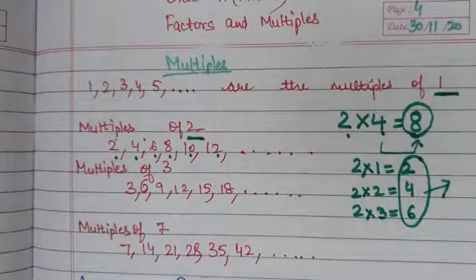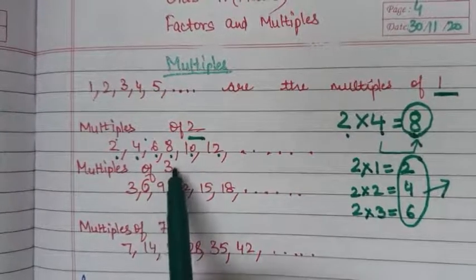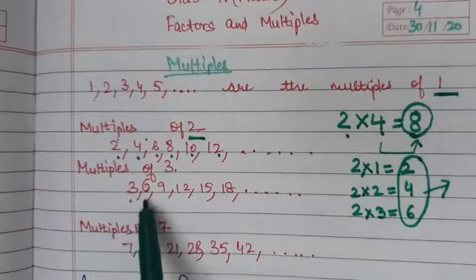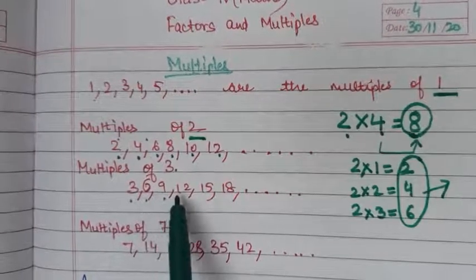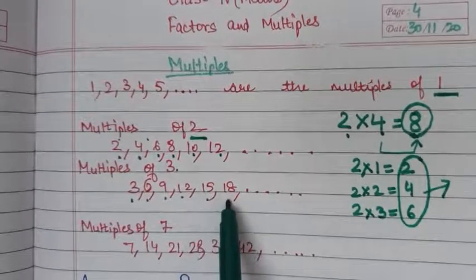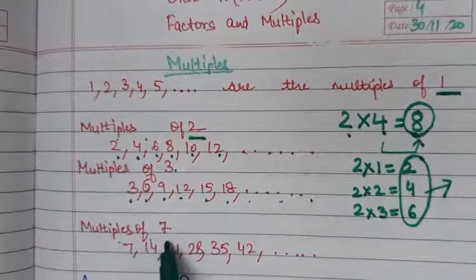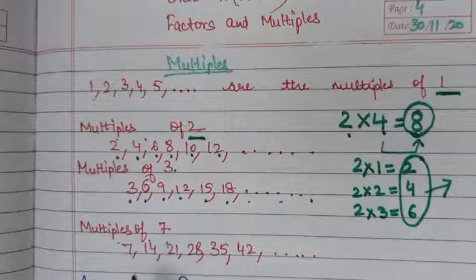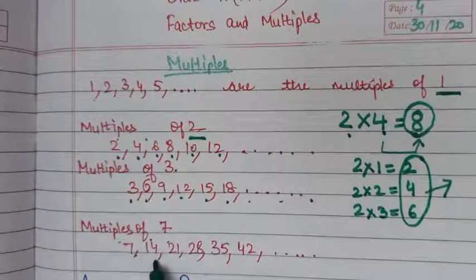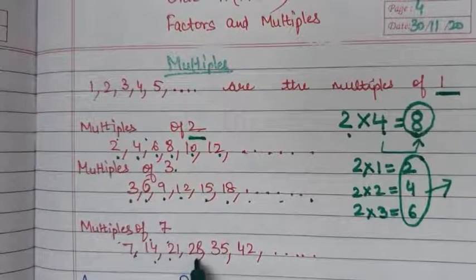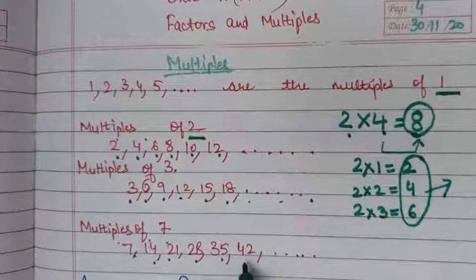In the same way, multiples of 3 will be 3, 6, 9, 12, 15, 18 and so on. In the same way, multiples of 7 will be 7, 14, 21, 28, 35 and 42.